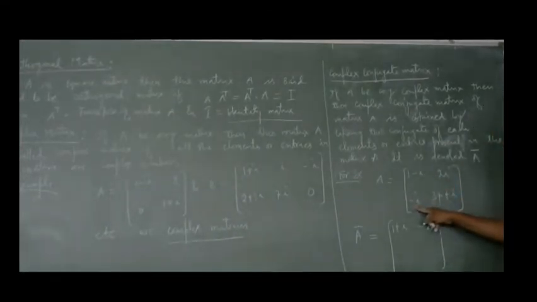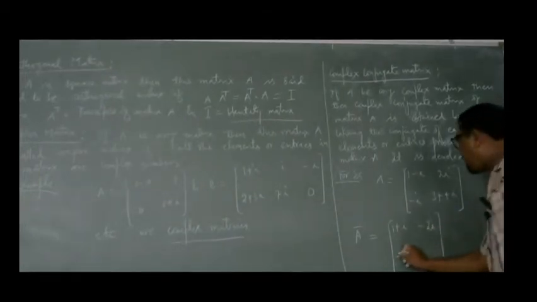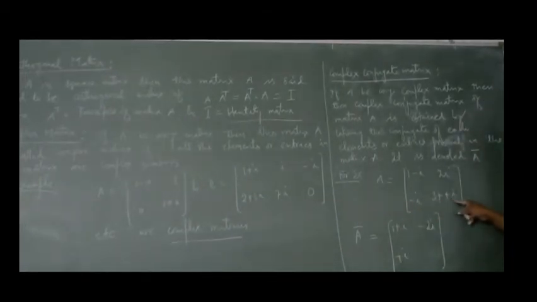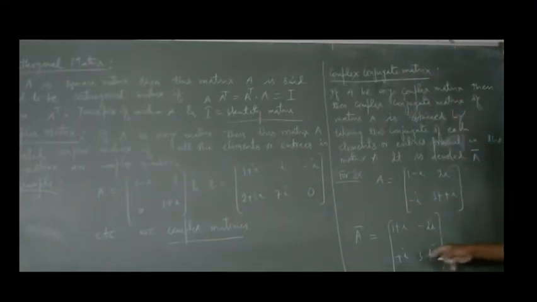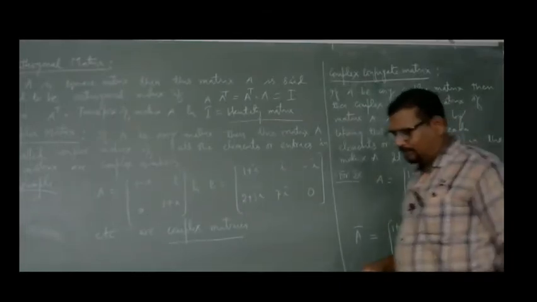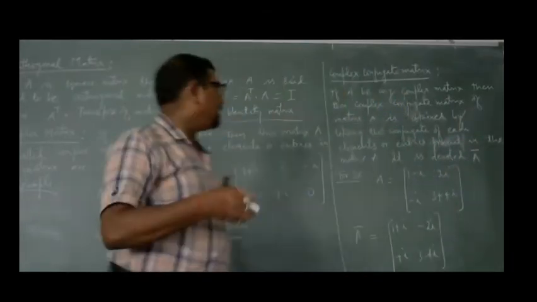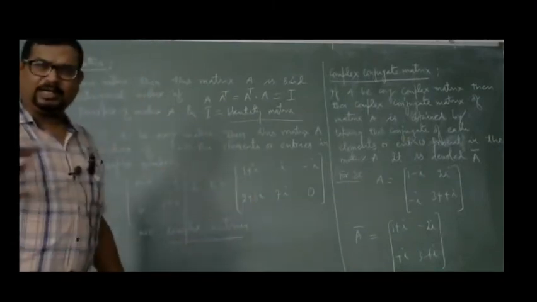Minus i is a complex number, so its conjugate is plus i. And 3 plus 4i is a complex number, so its conjugate is 3 minus 4i. So now A bar is the complex conjugate matrix, and this is the way to find the complex conjugate matrix from any complex matrix.